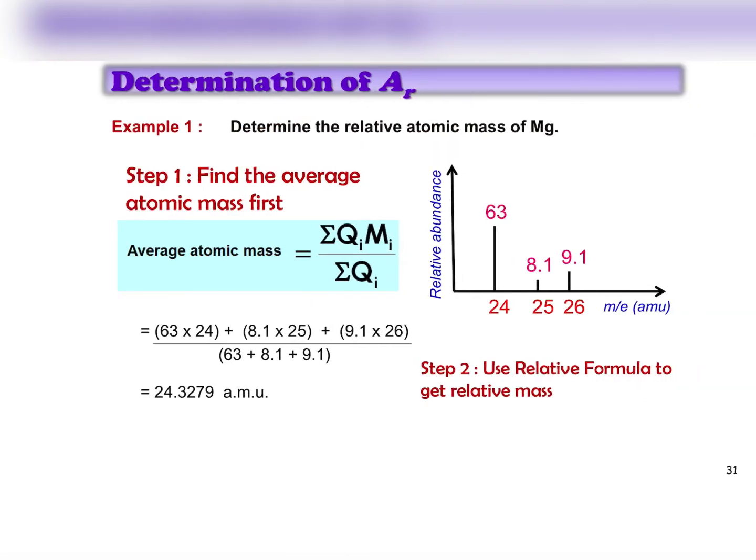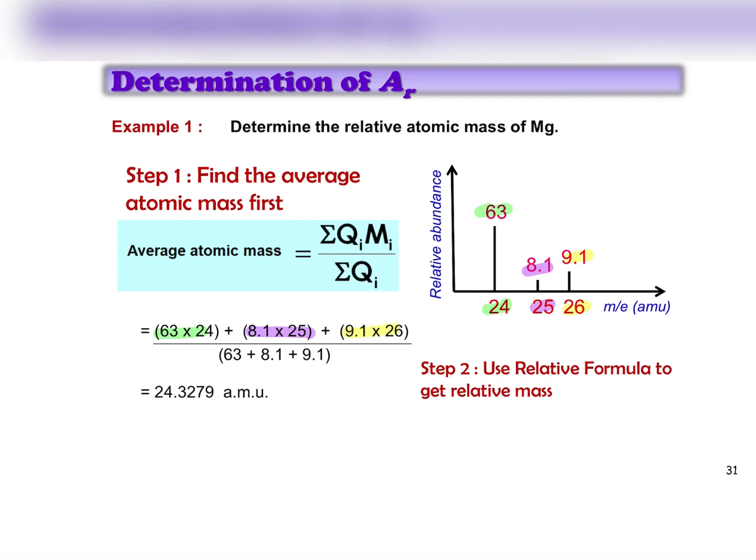So you can see here 63 times 24, which means 63 times 24, plus 8.1 times 25, plus 9.1 times 26.